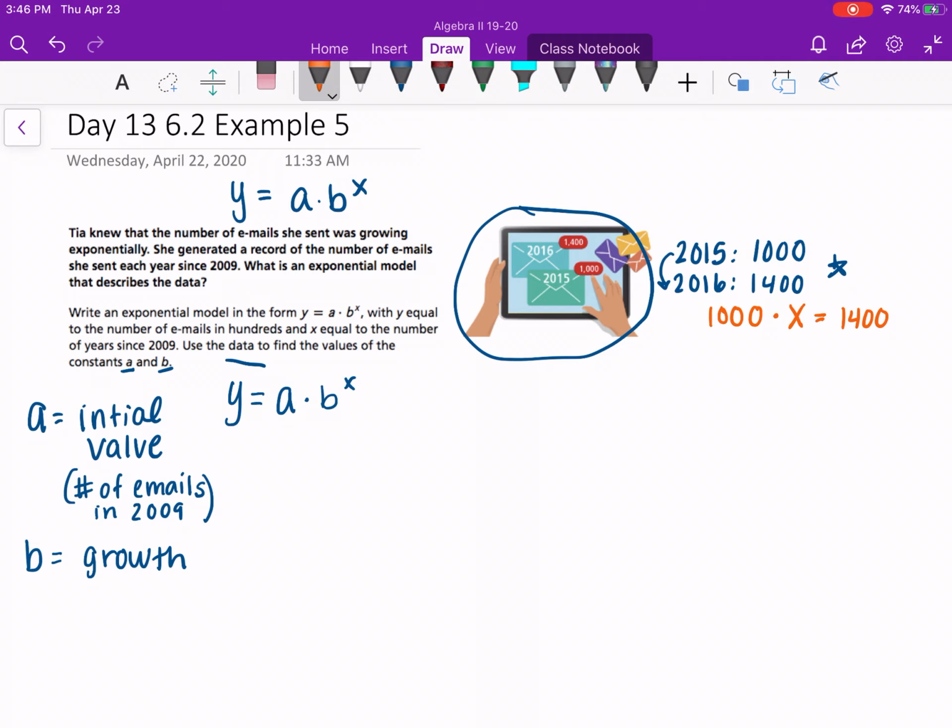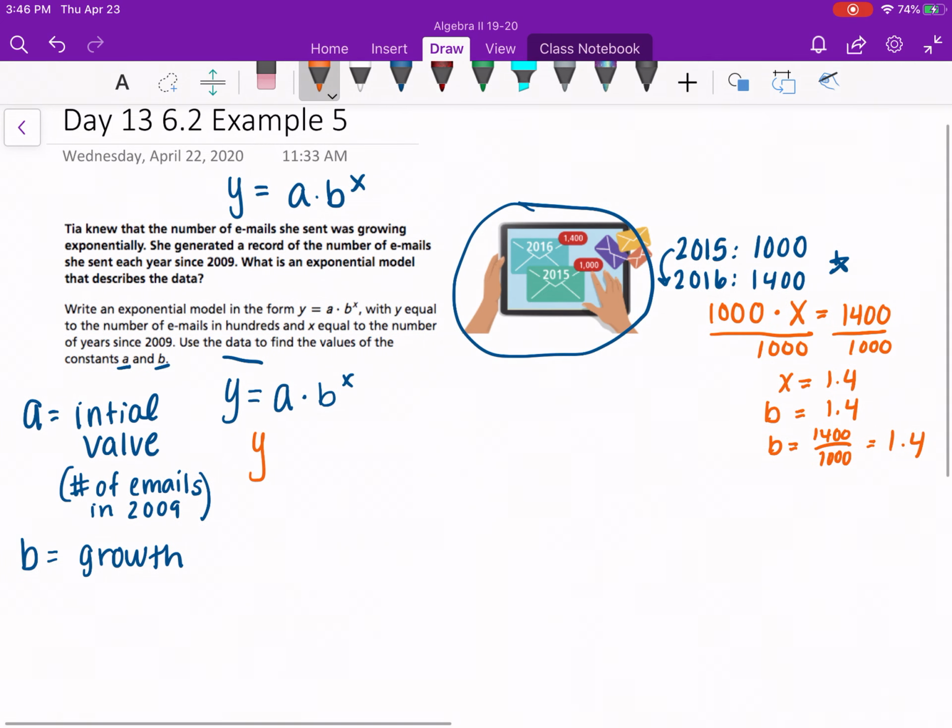So I would just divide both sides by 1,000 and b equals 1.4. You could say that b is just the 1,400 over the 1,000, which is 1.4.